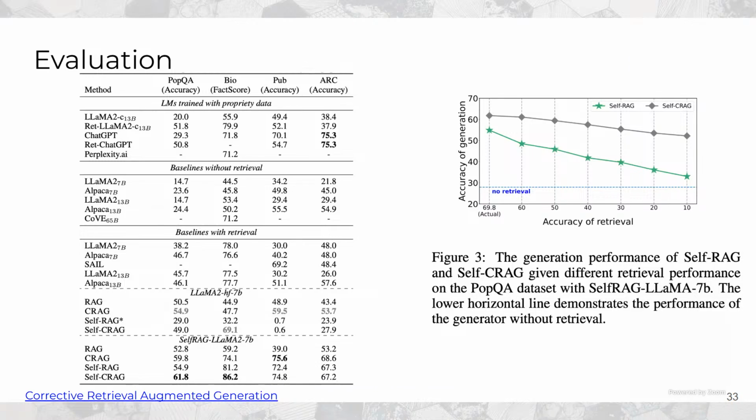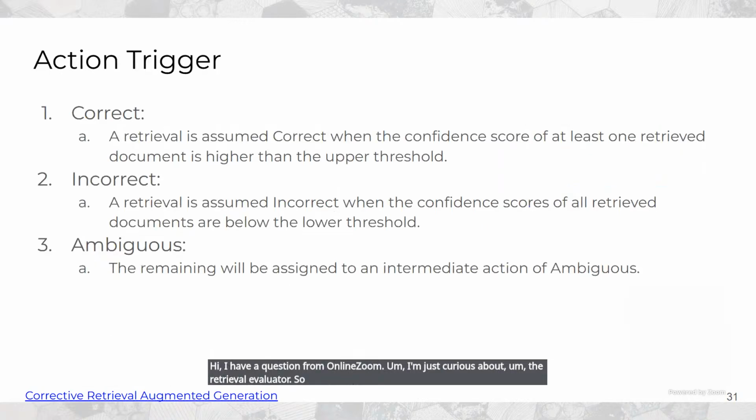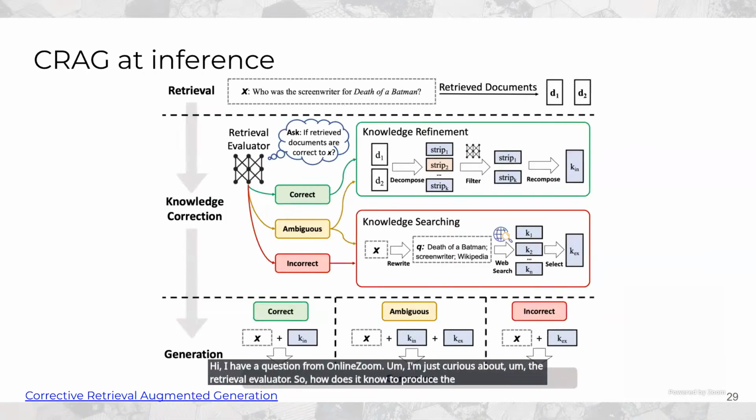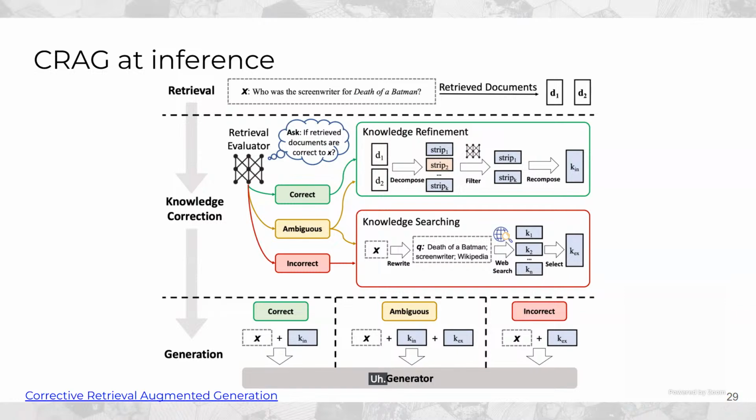Hi, I have a question from online on Zoom. I'm just curious about the retrieval evaluator. How does it know to produce the relevance score? Is it supervisedly trained?